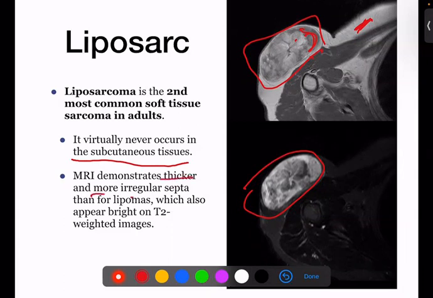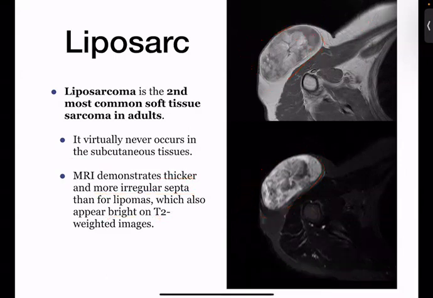And it also appears bright on T2, which is abnormal for a lipoma, correct? Lipoma, we said, goes with fat. T1, fat is bright, so lipoma will be bright. T2, water is bright, and lipoma does not have any fluid in it, so it will be dark. If you understand the rule, T1 fat is bright, T2 water is bright, and you're thinking about fat, apply the rule. If it does not apply, it's concerning.